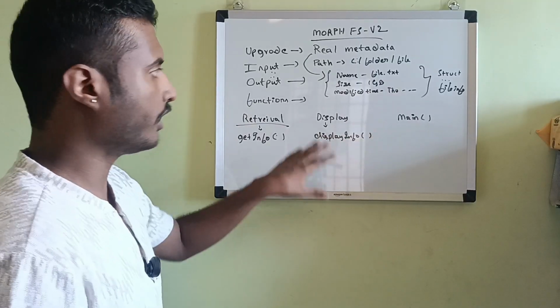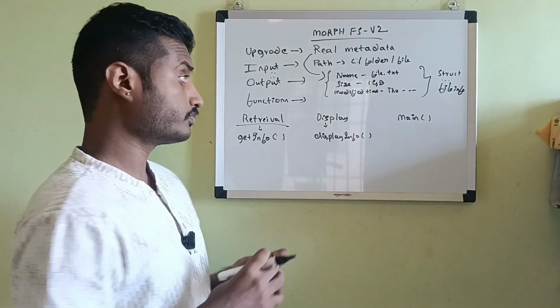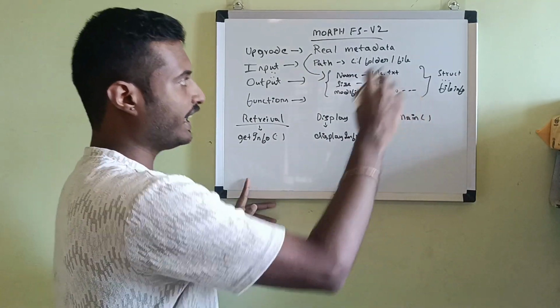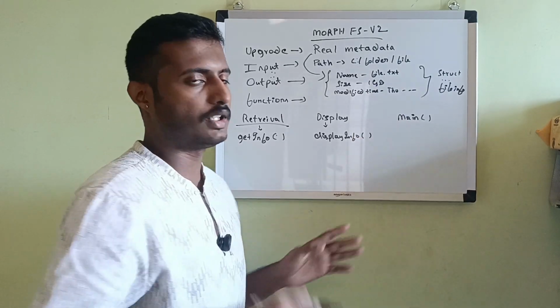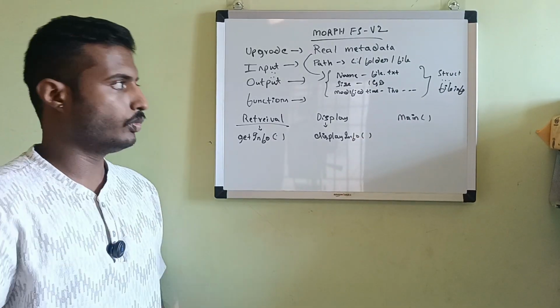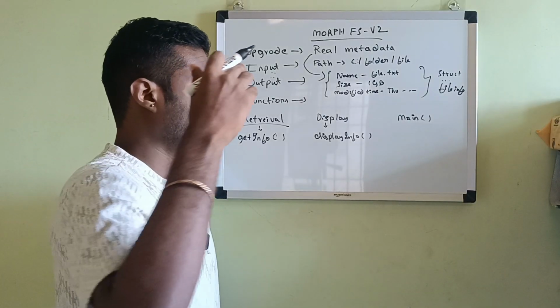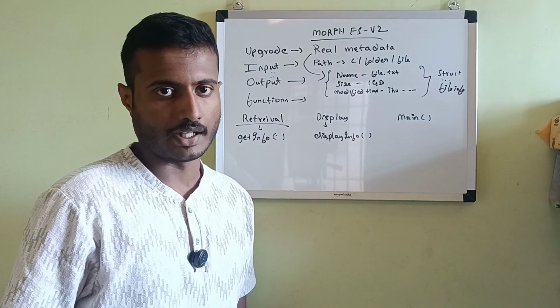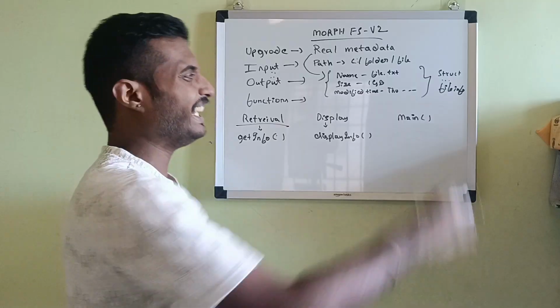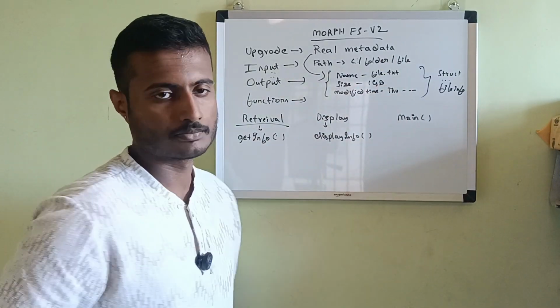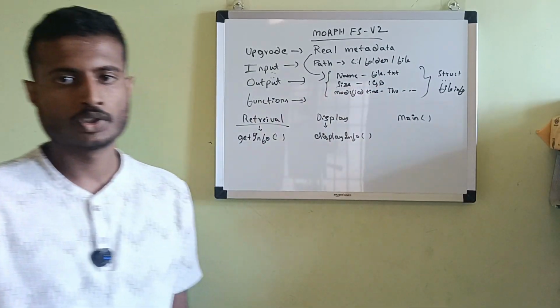So when we initialize a file, for example, there is a for loop and we start to initialize a file inside it. So multiple files, each file consists of these things. That's the struct for you.